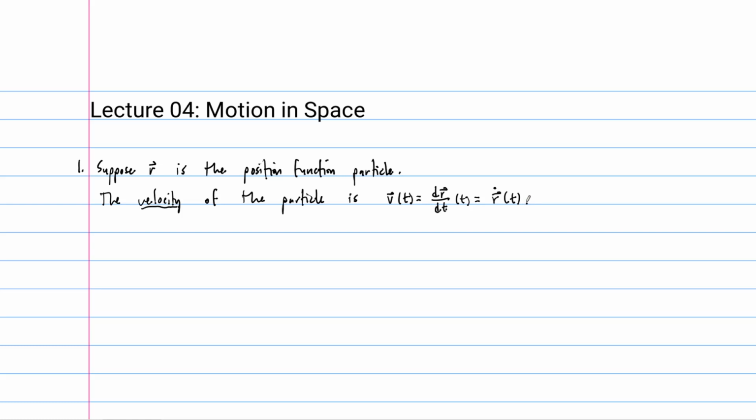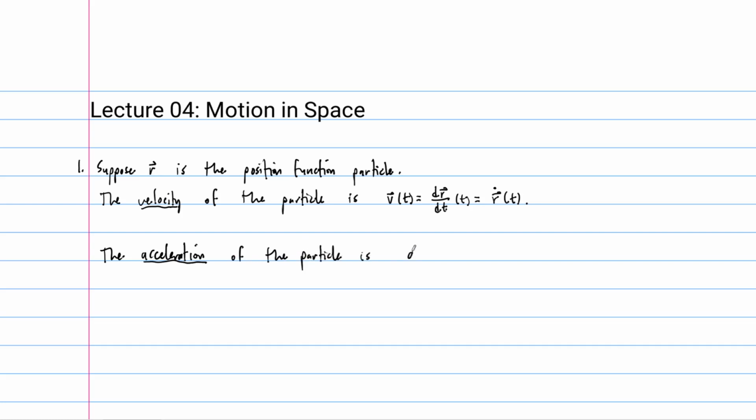Okay? If you've taken some physics, then you probably can guess that the acceleration of the particle is going to be the second derivative of the position function, or the first derivative of the velocity. Okay, so this will be the acceleration of the particle. And again, this is going to be a vector function.